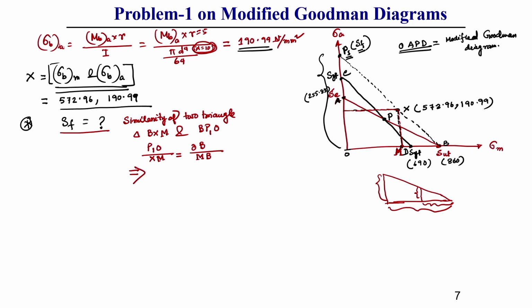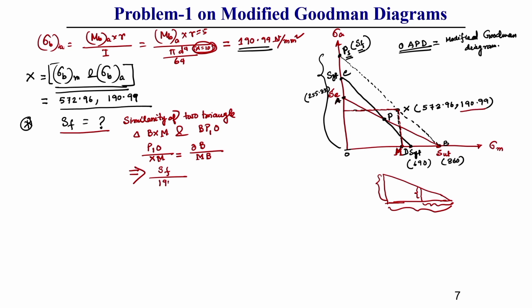So, what is P1O? This P1O is actually, let us consider, the fatigue strength SF. What is XM? XM is already given as 190.99.